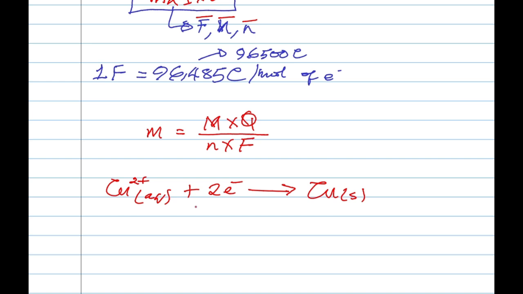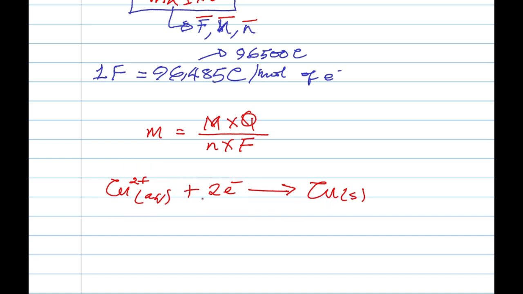That is a gain of electrons, so it should be reduction. The copper ion gains 2 electrons to become solid copper. Remember we said oxidation is loss of electrons and reduction is gain of electrons.